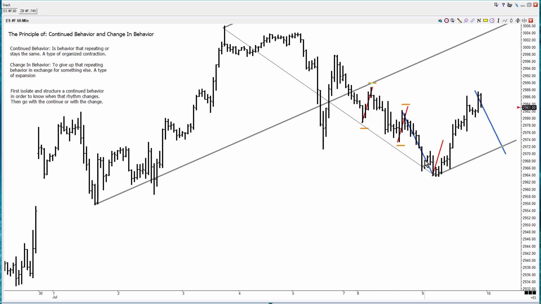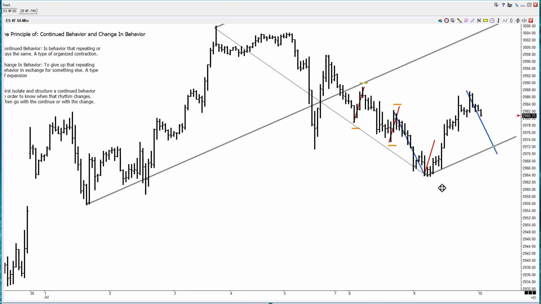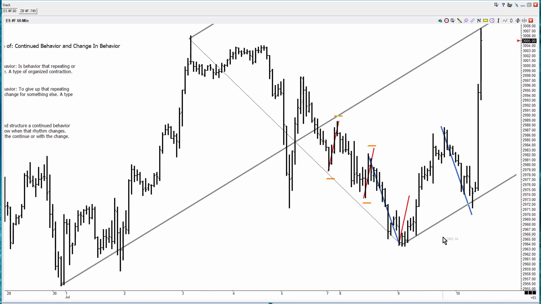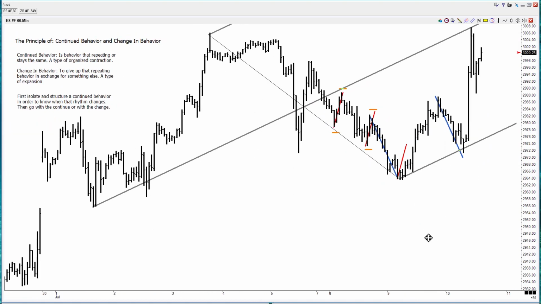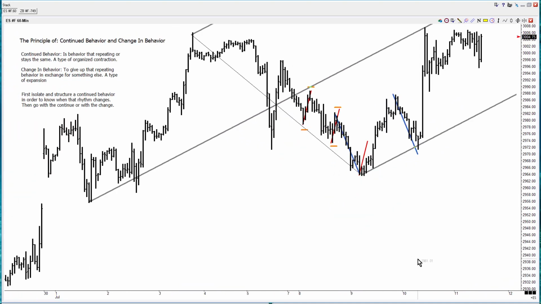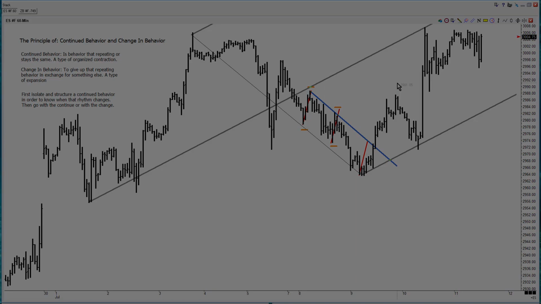They repeated themselves. They're not doing that anymore. It's plain and simple. And so that's one way we can use change in behavior. There's many ways. But either way, I know something's changed. I mean, the fact is, if I just draw a line, look, they ain't doing that anymore.